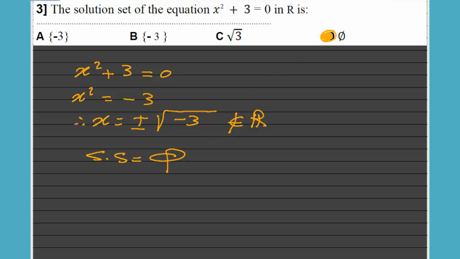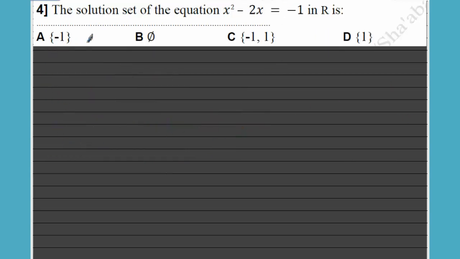Next question. The solution set of x squared minus 2x equals negative 1 in R. So we have x squared minus 2x plus 1 equals 0. And then we factorize this polynomial. X minus 1 multiply x minus 1 equals 0.